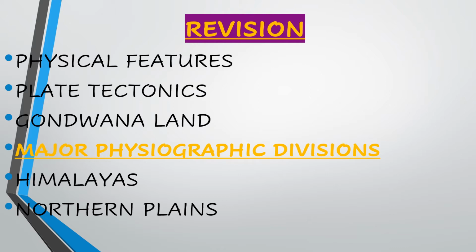So with the emergence of the theory of plate tectonics, we did understand how the three types of plate boundaries existed at that point of time and even today as well. We studied about three types of plate boundaries: convergent boundaries. We studied about divergent boundaries.